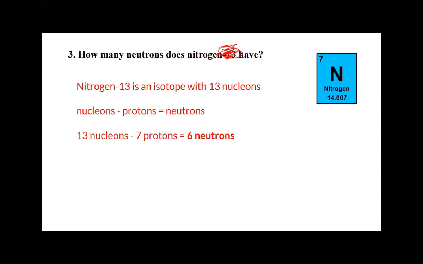If you just see nitrogen, you're going to go off of this number. But if you see a specific number like that, nitrogen 13 is saying all nitrogen has 7. It's always going to have 7. It can't be nitrogen without having 7 protons. But it's this number which is going to take over that 14, because we're looking at a specific isotope when you have a number next to it.